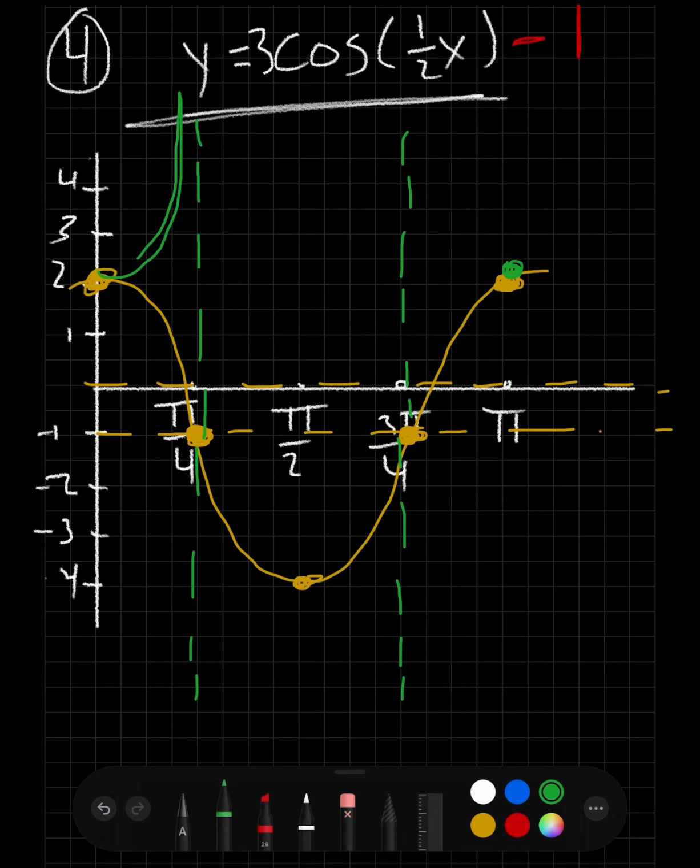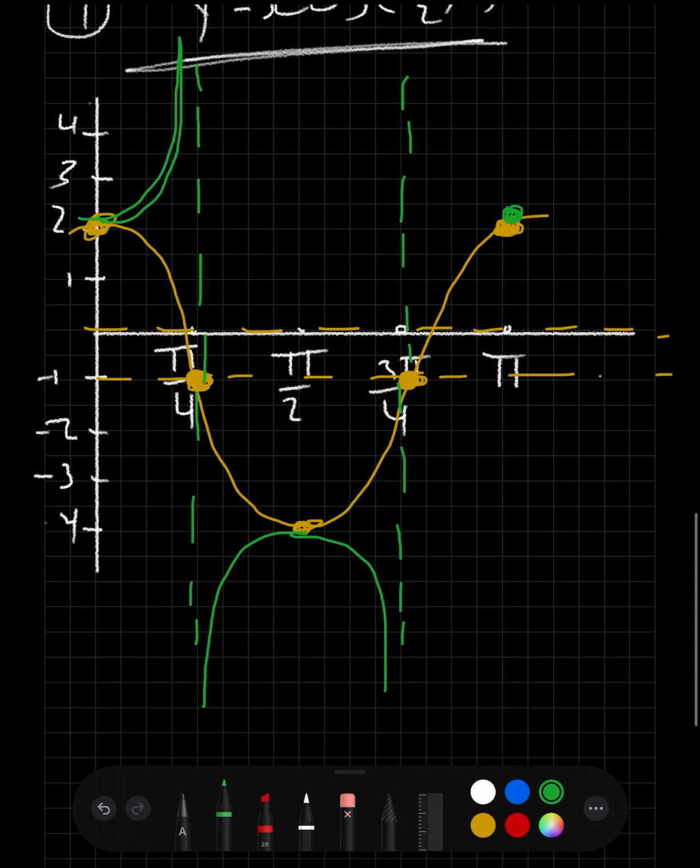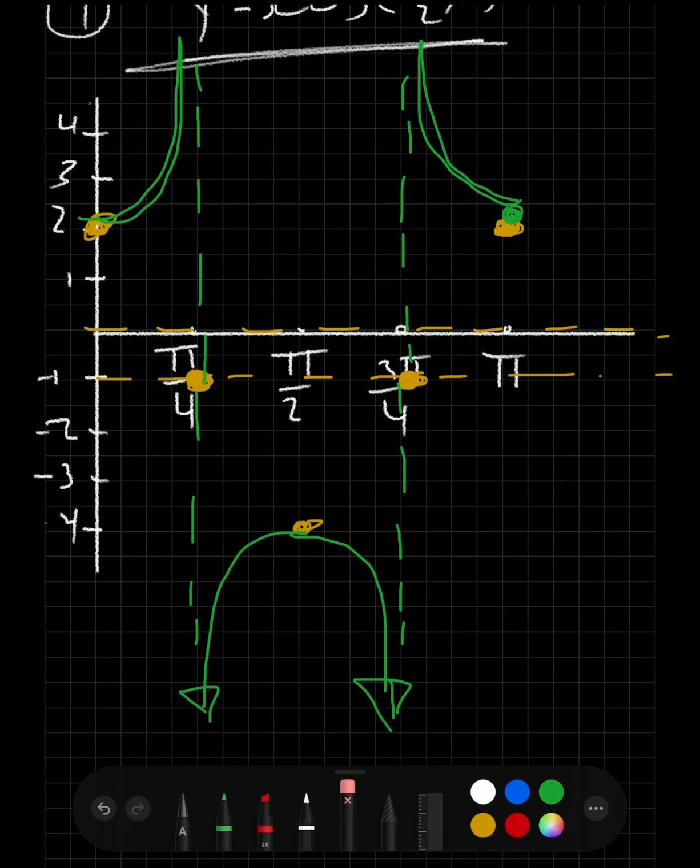So I have a U shape here. And a U shape here. And a U shape here. So in green, I actually have my secant graph.